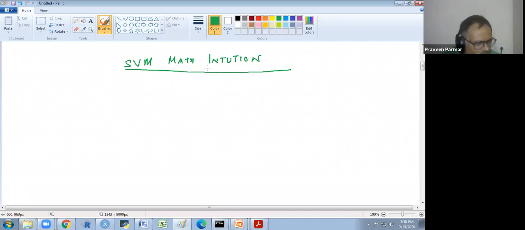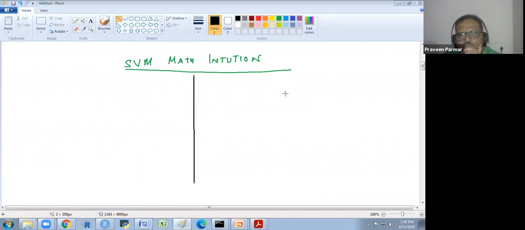So how we work with this, I will tell you. I think most of you know vectors in mathematics. Most of you know about vectors, and I will not explain that here.